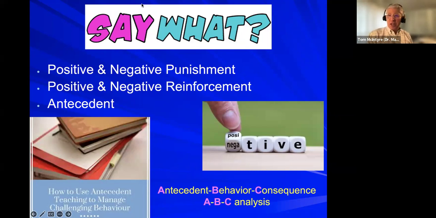But let's talk about some other terminology you're going to run across, which is, first of all, positive and negative punishment. How can there be something positive punishment? Think in mathematical terms. If something is added on, there is more of it. There is the positive effect.